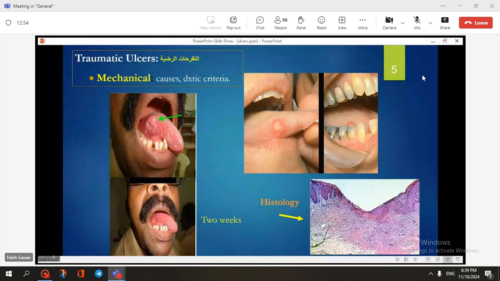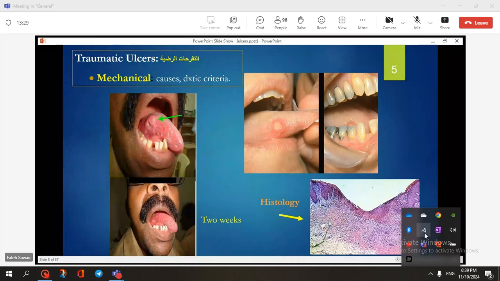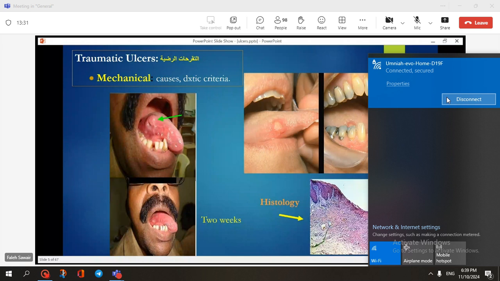Mechanical trauma could be by, for example, restorations or broken teeth, broken restorations, by roughness of calculus, or trauma by teeth during biting, whatever the cause.